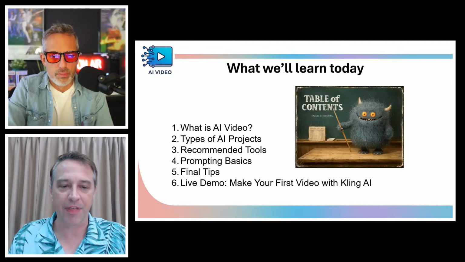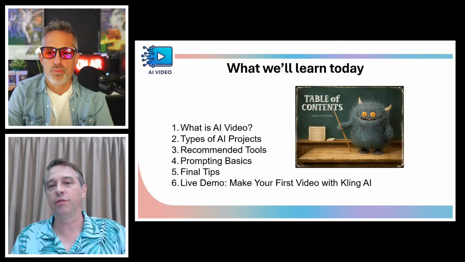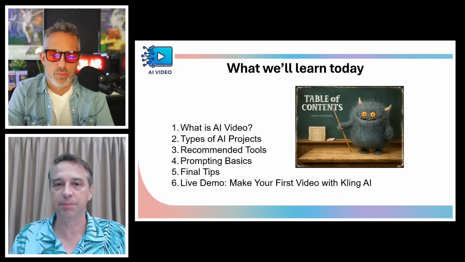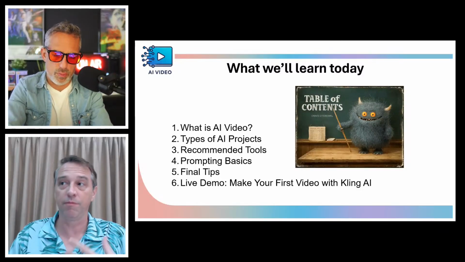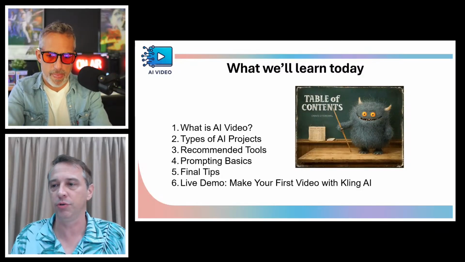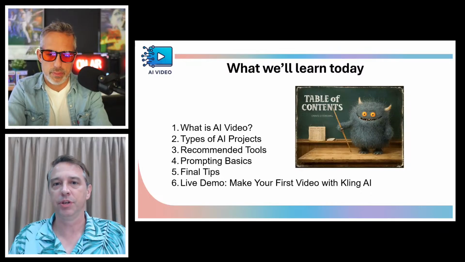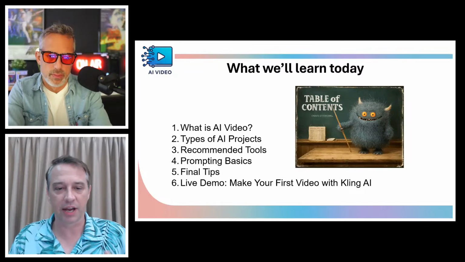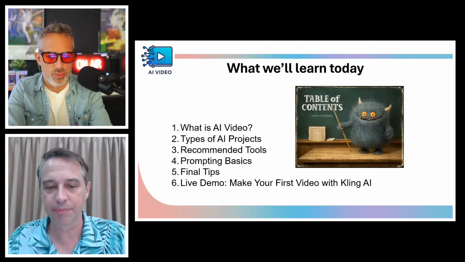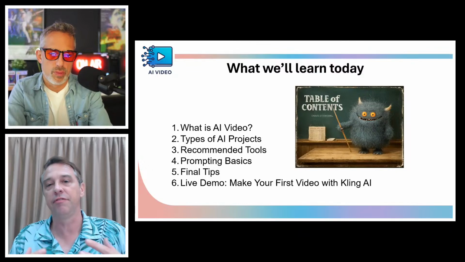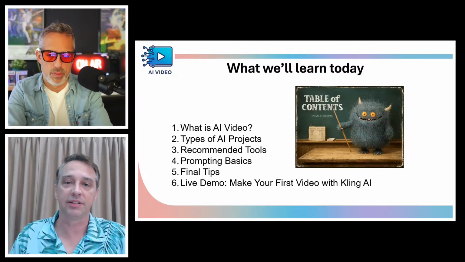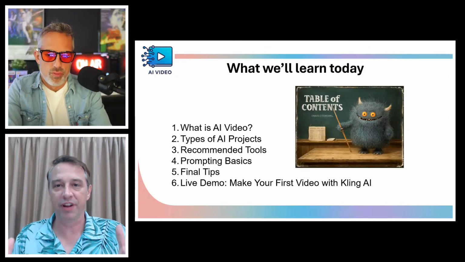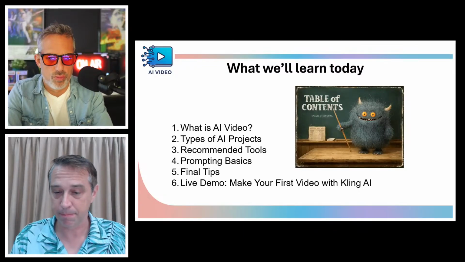I'm going to give you some basic prompting tips for how to generate good looking image and video, because there's a lot of variables that we have to control there. I'll give you a few final tips, and finally, I will get into the 3-step process for how we can make your videos using AI.